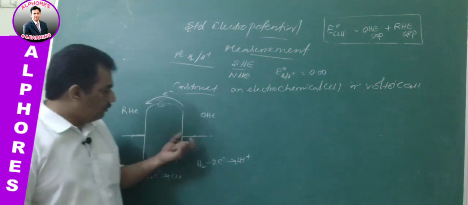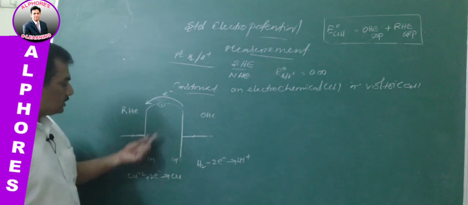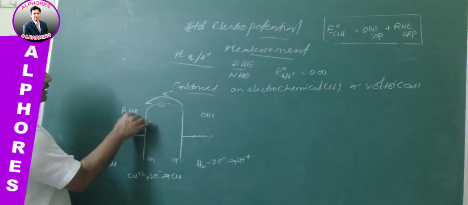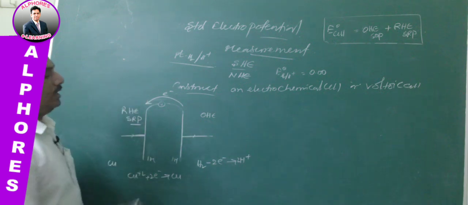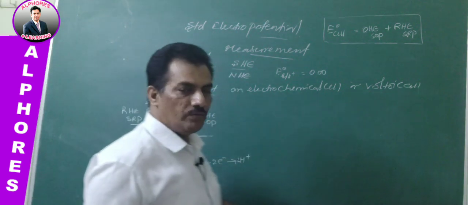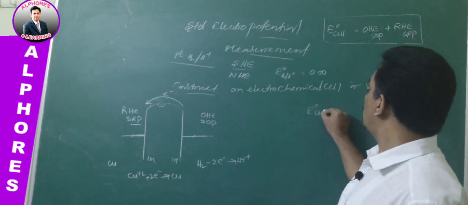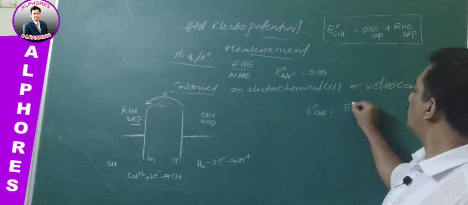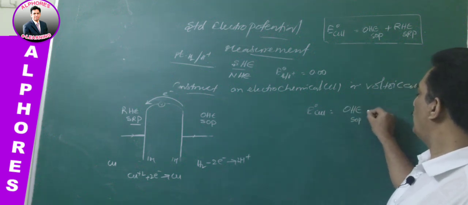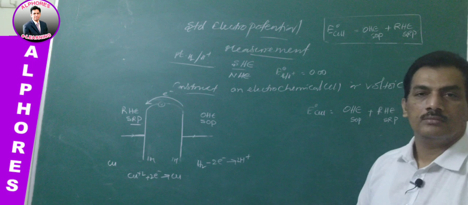So with this voltaic cell construction, we know that the tendency of copper is to go for reduction, and hence here what we are getting is the reduction potential, that is SRP, and here what we are getting is SOP. And as usual we know that E naught cell is nothing but E naught OHE, that is the OHE SOP value, plus the RHE SRP value, is it not?